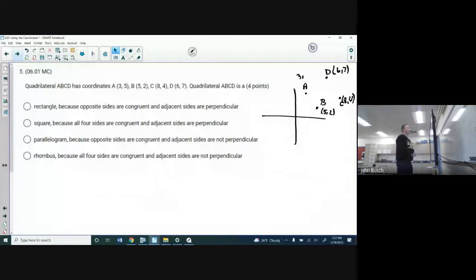Okay, so because opposite sides are congruent and adjacent sides are perpendicular, let's just find the slopes.